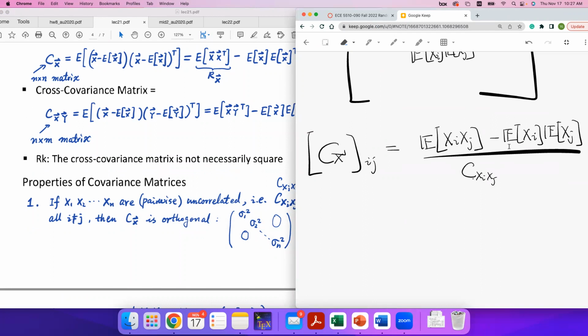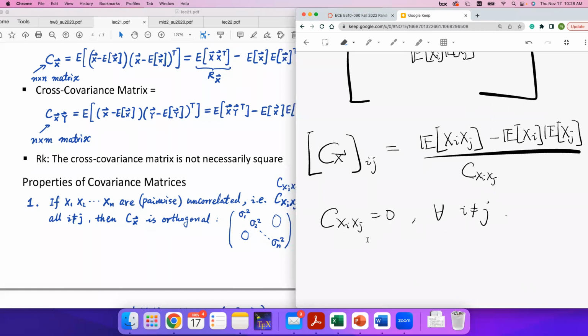The covariance between XI and XJ. Now, pairwise uncorrelated means that the covariance of XI and XJ is 0 for any I not equal to J. Pick any two different random variables, they are uncorrelated, right?